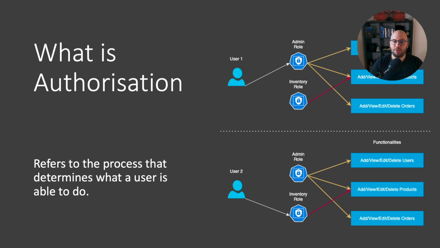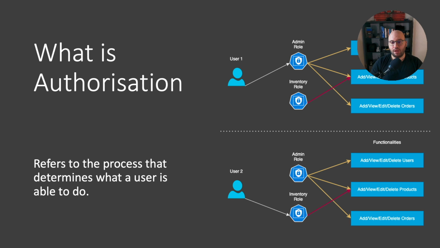There is a lot of set of rules that we need to add to the user, or give to the user, once they authenticate. And we need to give them those authorization rules in order for them to access different parts of the system. So as we can see here, we have these two graphs and we have user 1 and user 2. Both of these users have passed through the authentication phase. Both of them have provided a correct username and password, and if there is any multi-factor authentication, they have provided the right one, and now the system has granted them access.